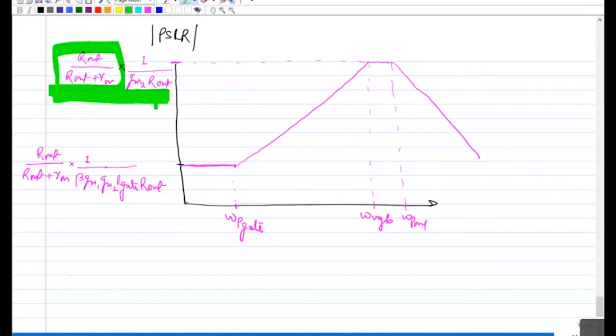While in the other case, any fast change in the VDD will appear at the output because your loop may not be able to respond that quickly. So if you give any step at the input, the large component will appear at the output in PMOS compared to NMOS, because in NMOS, we know that there is no GM component, and the R out component will have some suppression.